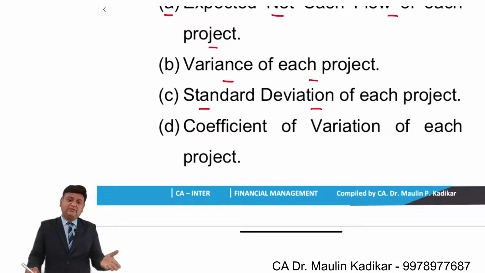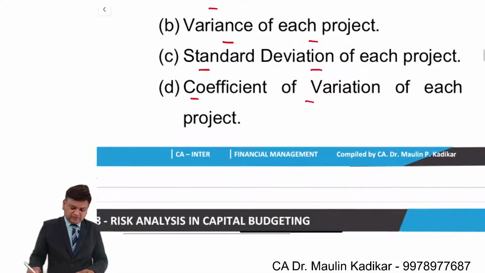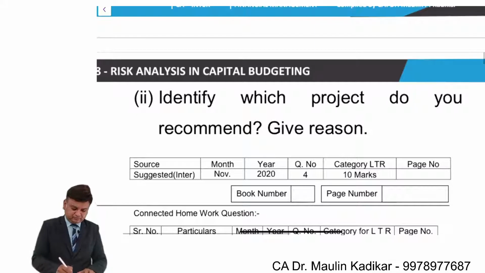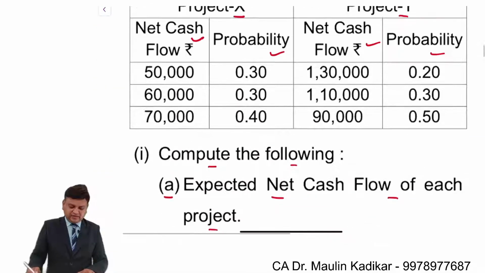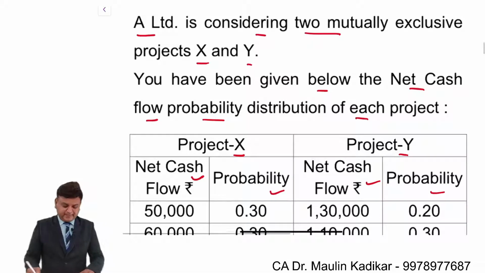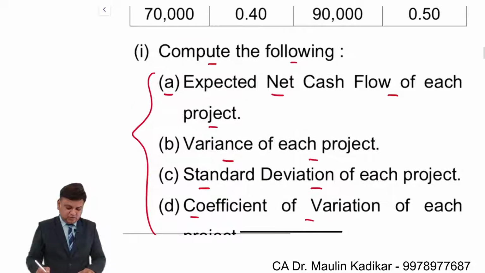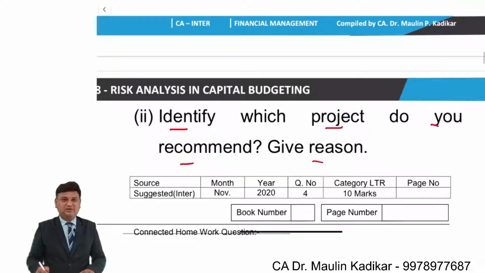Okay, so we'll make the computation of the standard deviation. CV, coefficient of variation. Identify which project do you recommend and give reason. That is the question. So we are required to give reason that say which project would be accepted by us. I want you to make the calculation of question number 1A to 1D on your own.